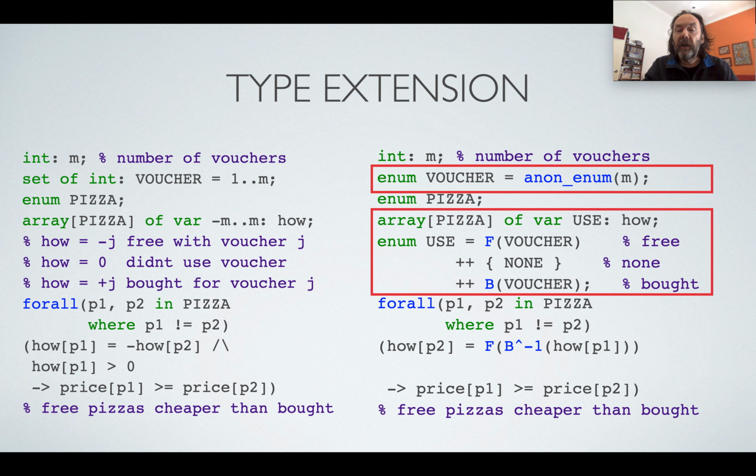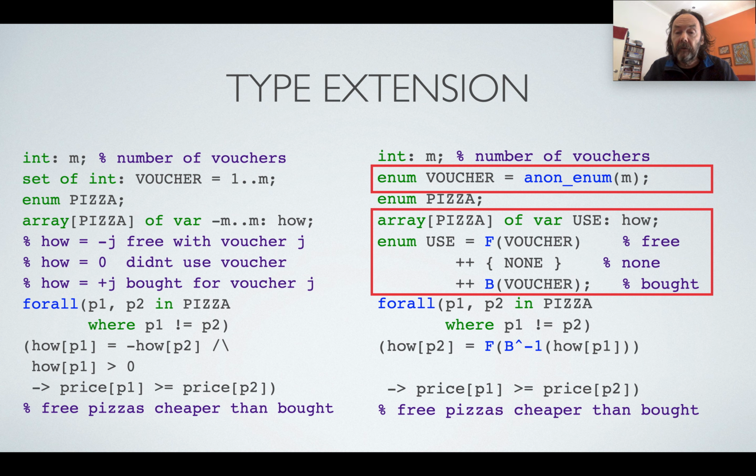And now we can check whether our constraint holds by saying, okay, if we look at the pizza 1, if we use that to buy a voucher, then b to the -1 will return that voucher, and then we take f of that voucher, and that better be how we used P2. So this is the only case we're interested in. If P1 was used to buy a voucher and P2 was got for free with the same voucher, then we need this constraint to hold.